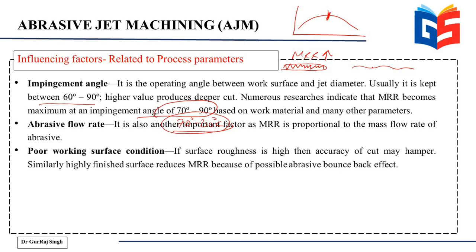But in a much smoother surface, the MRR will fall down because the abrasives will have a tendency to strike it and bounce back, which will not be there in the case of a rough surface. So both these cases have their own pros and cons. In one you have a better MRR, in the other you will have better accuracy.